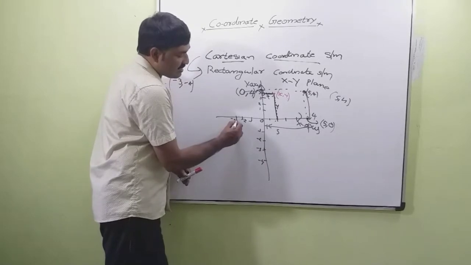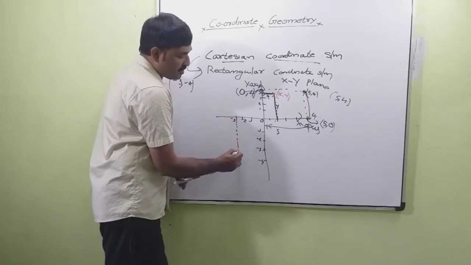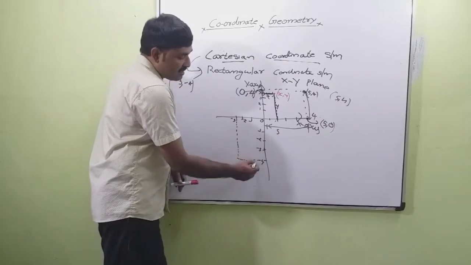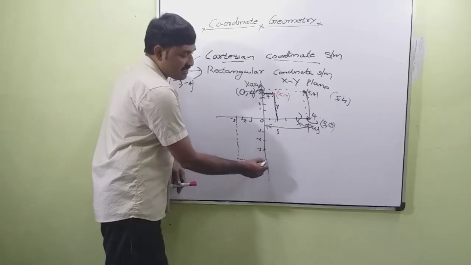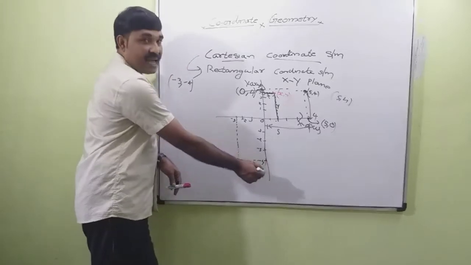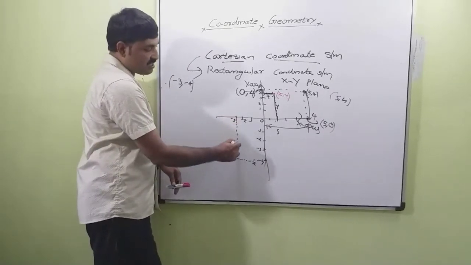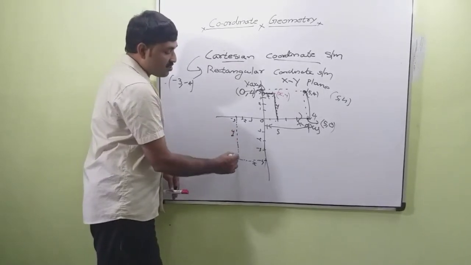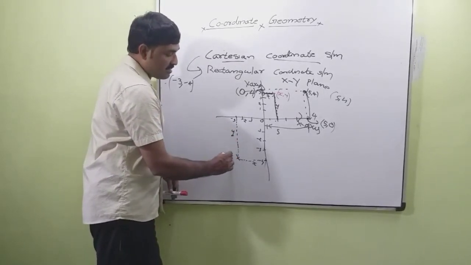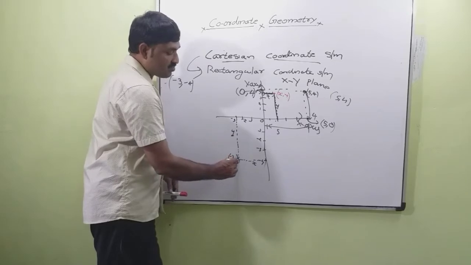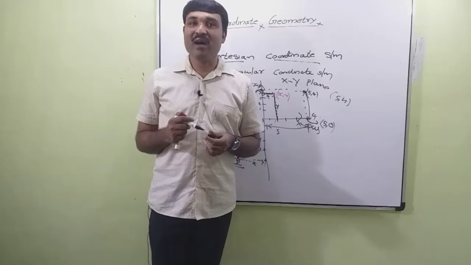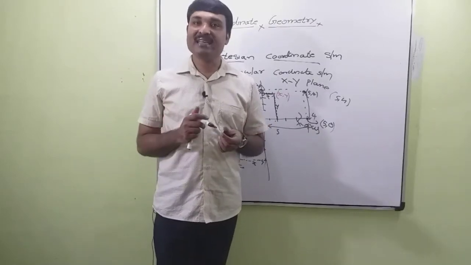From the x-axis and y-axis we draw perpendicular distances. The perpendicular distance from the y-axis represents the x-coordinate, and the perpendicular distance from the x-axis represents the y-coordinate. So this is the point minus 3, minus 4. This is the way a point is represented in the xy plane or Cartesian coordinate system.